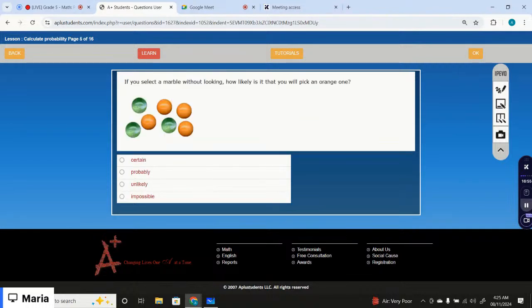If you select a marble without looking, how likely is it that you will pick an orange one? So which is the correct option?